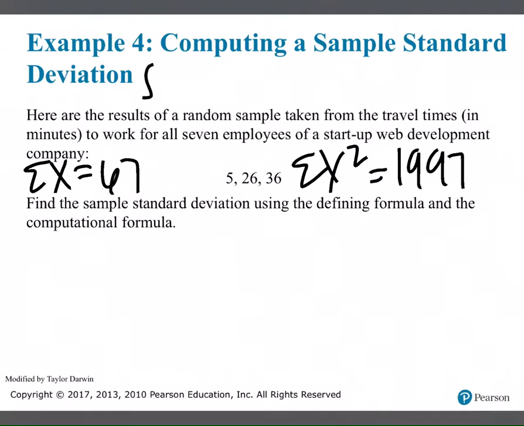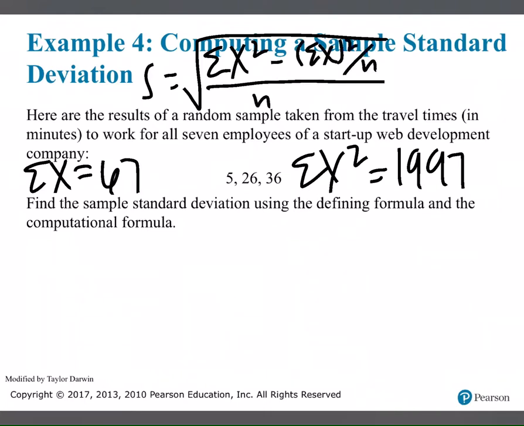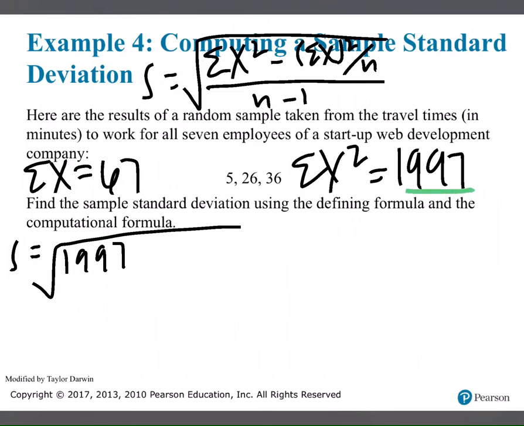Here's the formula: the sum of x squared minus the sum of x's squared divided by n, all divided by n minus 1. Okay, so I'm going to plug this in. Again, that 1,997 is that first number.